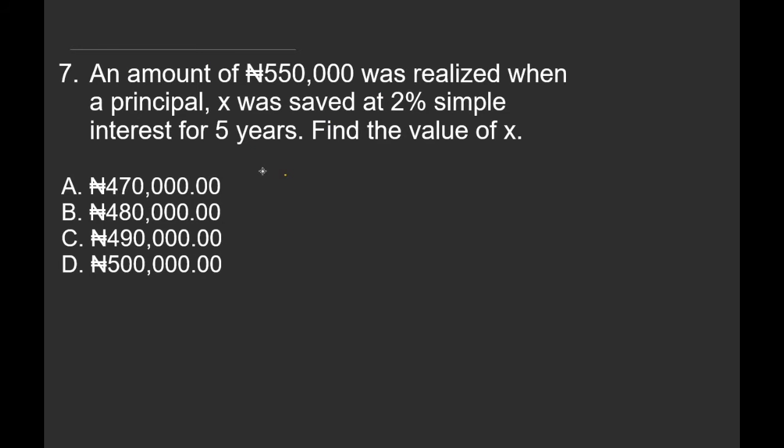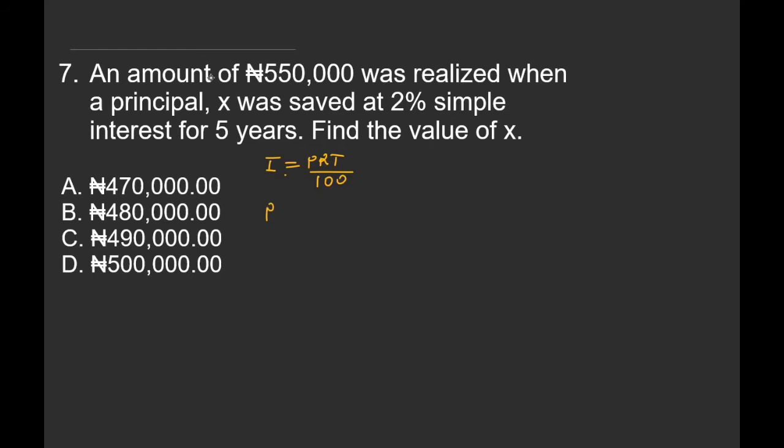Question 7. An amount of 550,000 naira was realized when the principal of X was saved at 2% simple interest for 5 years. Find the value of X. Simple interest. And we know that simple interest, I, is equal to principal times rate times time all over 100.